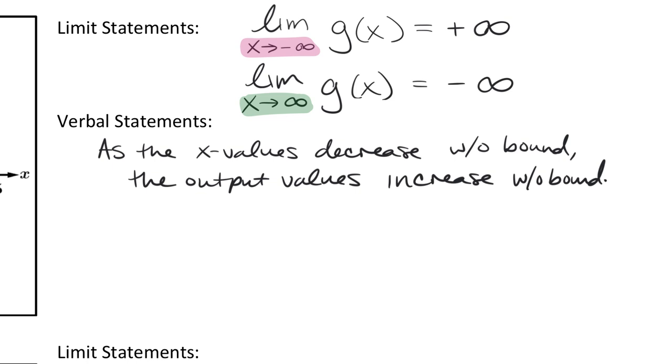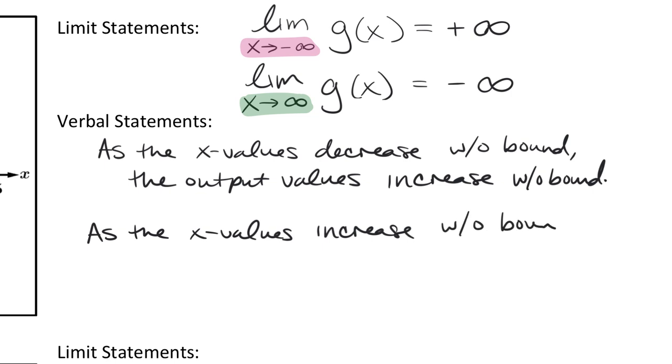So, increase without bound. If we change this to talk about the right side end behavior, we would say as the x values this time increase without bound, comma, what do the output values do?